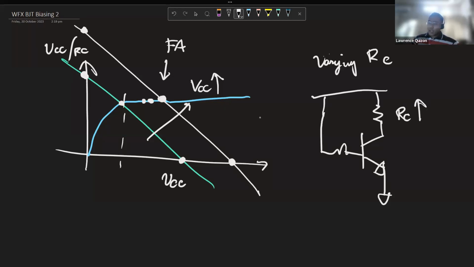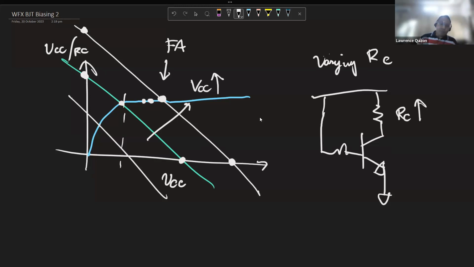But on the other hand, for low power designs, we want to lower VCC. And the problem is, if we increase VCC, we go up like that, but if we put VCC lower, then we go down like that. And it's very easy to fall into saturation when we lower VCC, because the circuit has less capability to support the forward active current.